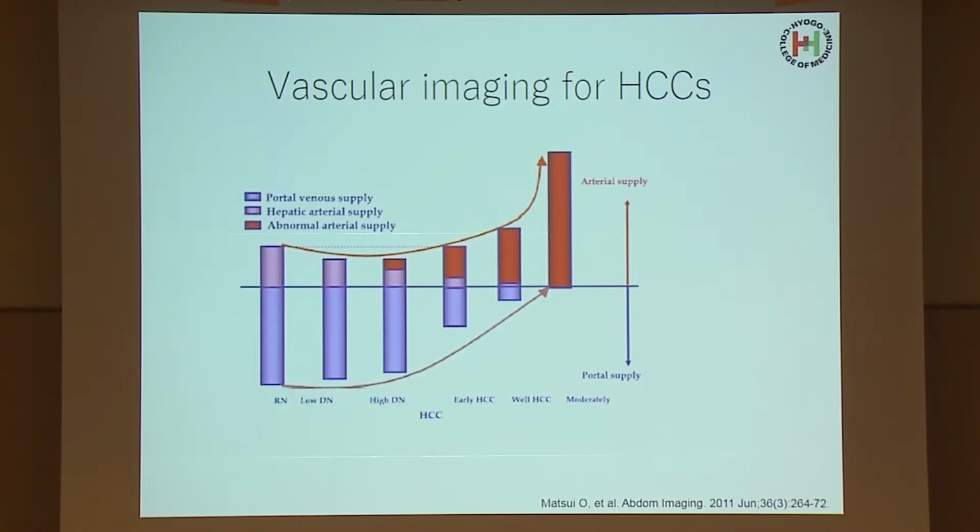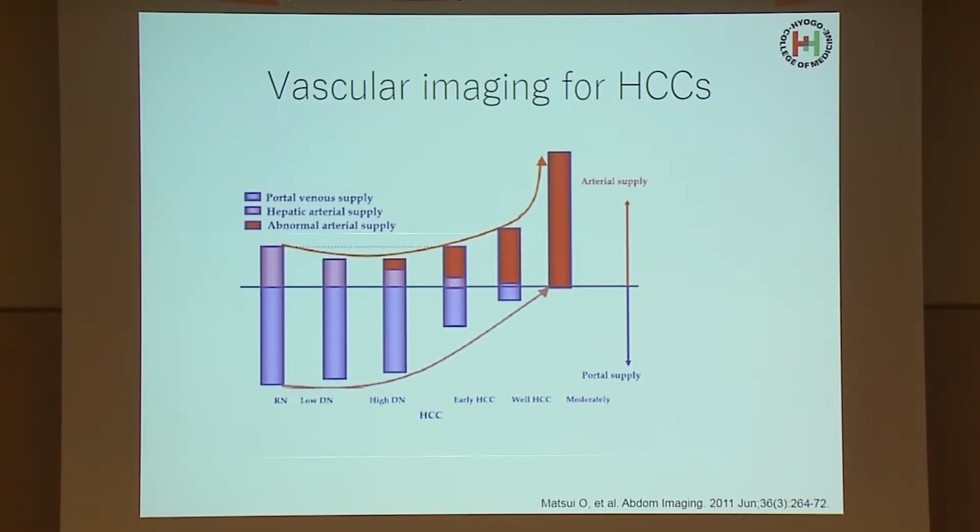Here we will review multi-step hepatocarcinogenesis and change of intranodular blood supply in CTHA and CTAP. This was reported by Dr. Matsui. Intranodular portal supply gradually decreases in accordance with the worsening of tumor differentiation, and finally disappears in moderately differentiated HCCs.